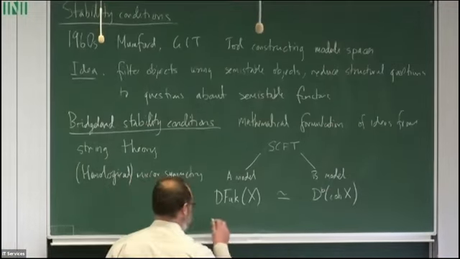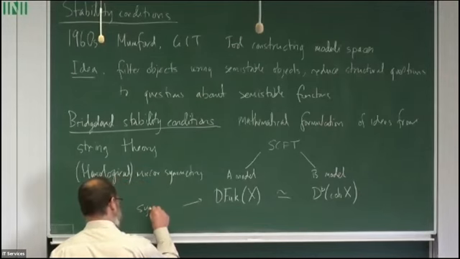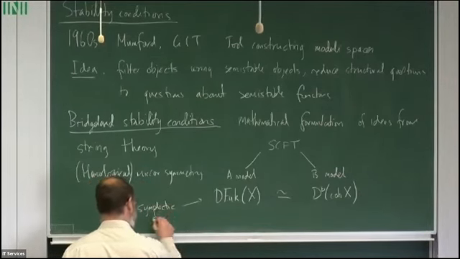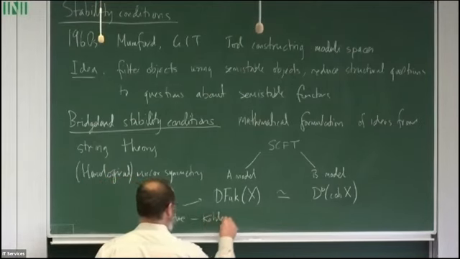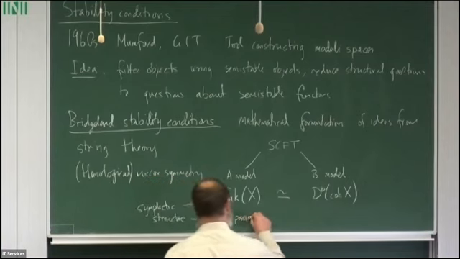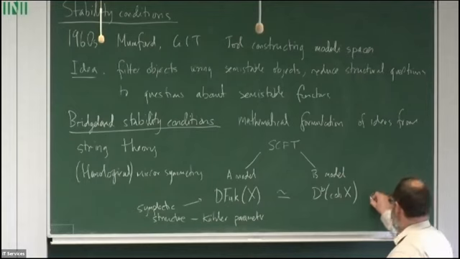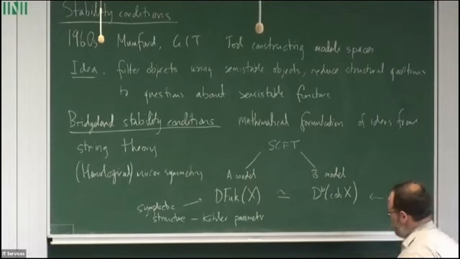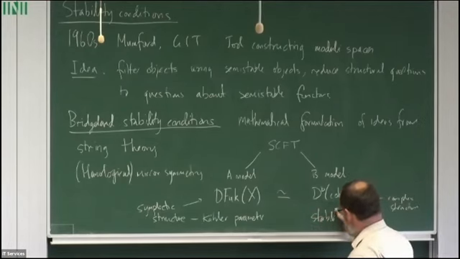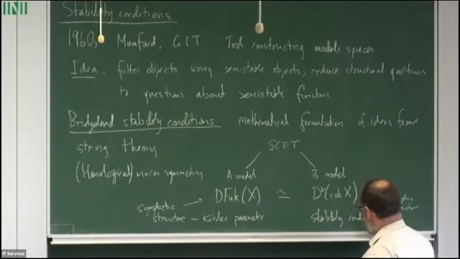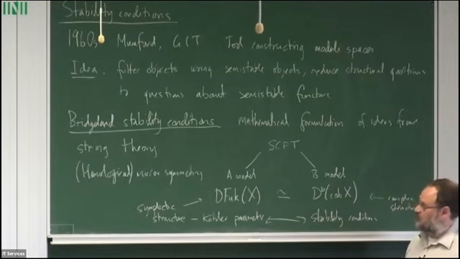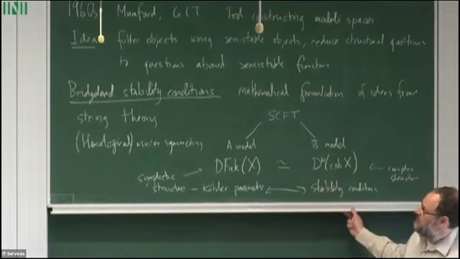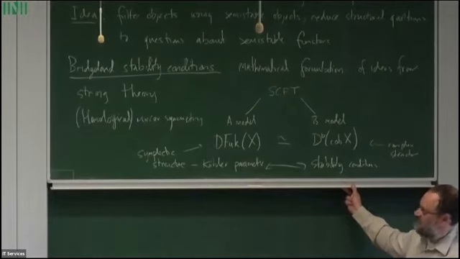So on this side, you have symplectic structure, which is given by, so there's something called a Kähler parameter. On this side, you have complex structure, right? And the idea is that stability conditions correspond to this Kähler parameter. So this is what Bridgeland was trying to do. And I make no real pretense of understanding this in any depth.